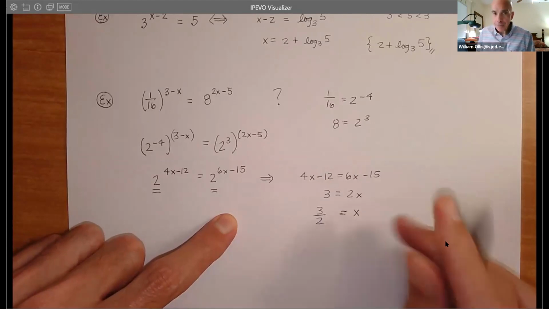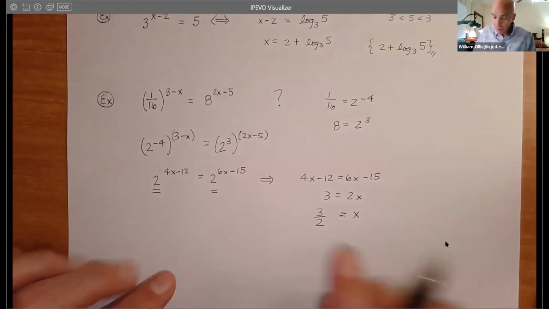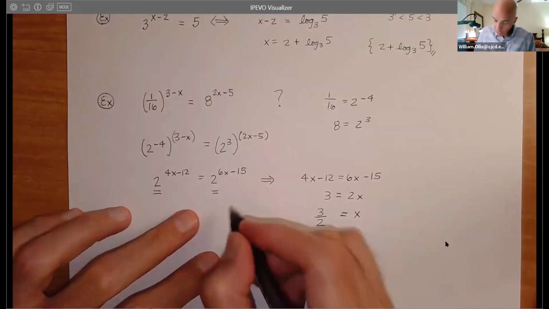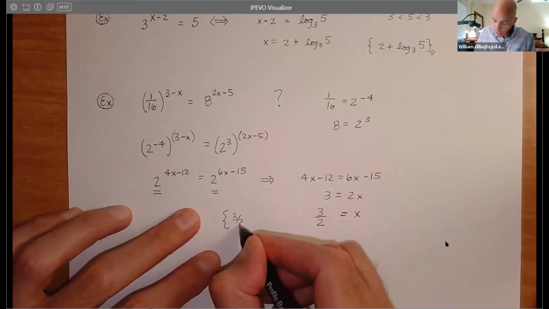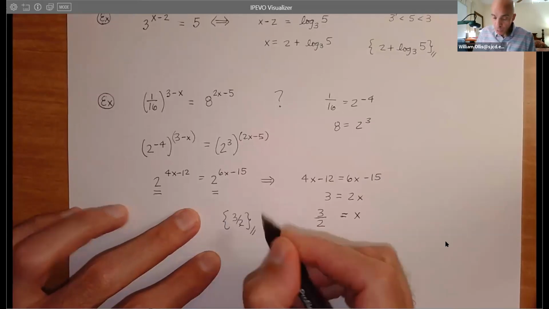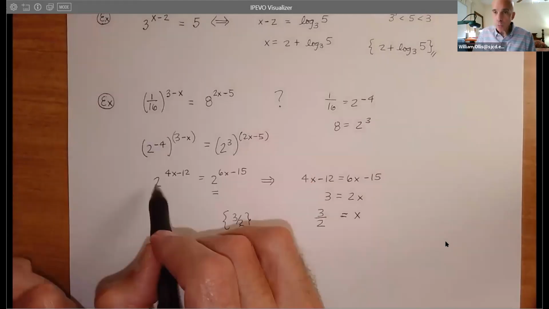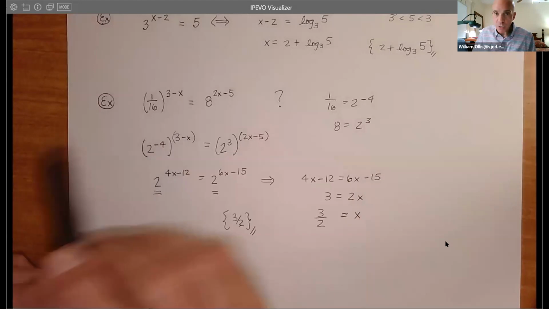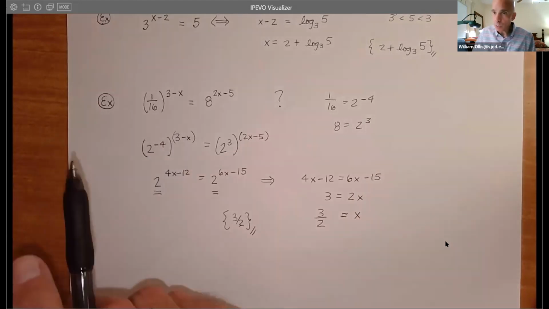So indeed, if I think about equality of exponentials, I don't even need the logarithm. That is, I get 3/2 as a solution because I was able to write the bases as equal, just because these particular bases were easy powers of 2.